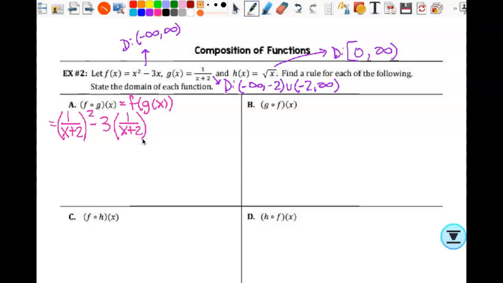Right? So I take this first one, and I'm going to square it. And when I do, that can just give me 1 over x plus 2 squared. A little bit nicer way to write that. Then minus, and when I multiply that, that's going to give me 3 over x plus 2.